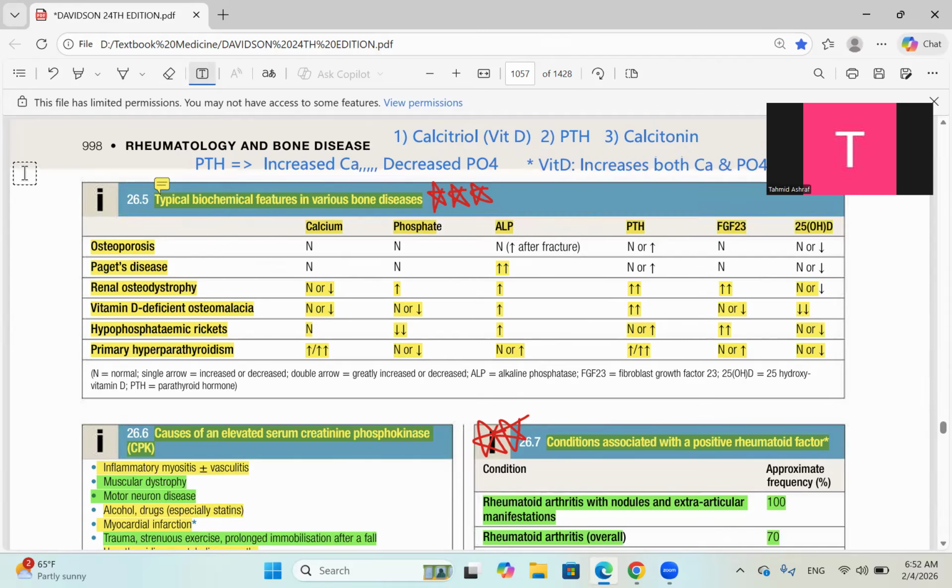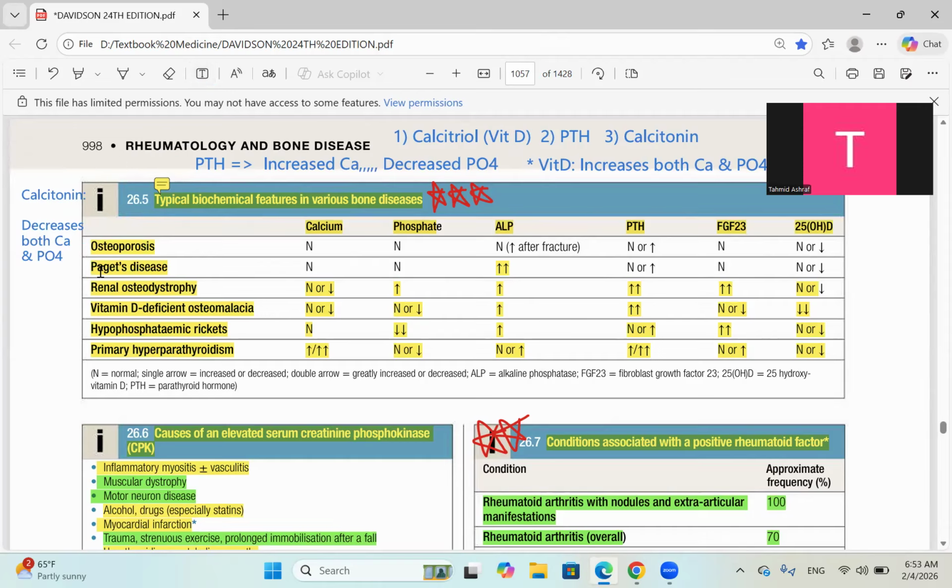Now let's move to calcitonin. So its action or its effect on calcium and phosphate homeostasis is exactly opposite to calcitriol. Calcitriol increases both calcium and phosphate, so calcitonin decreases both calcium and phosphate.